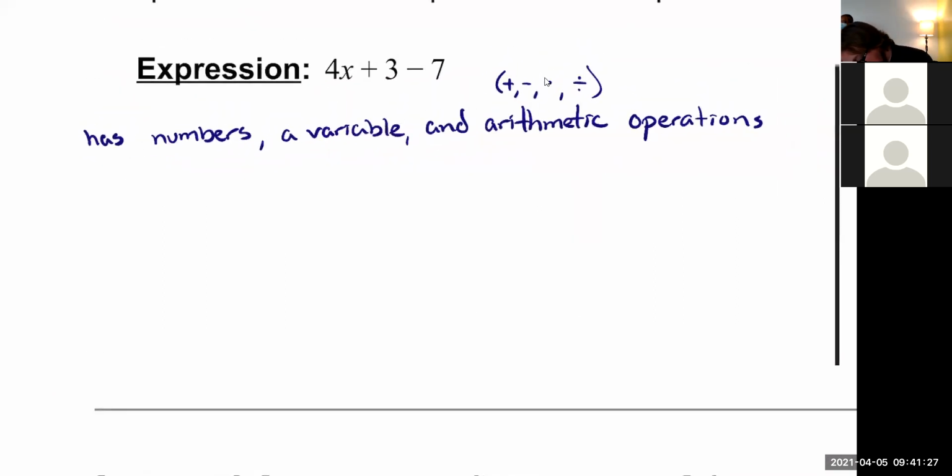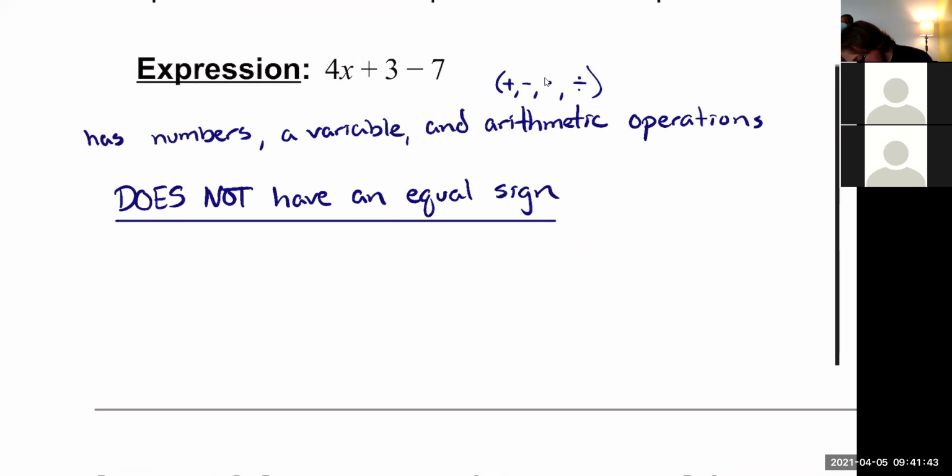I'm going to write that it does not have an equal sign. I'm actually going to underline that as well, because that key difference tells me a whole lot more.